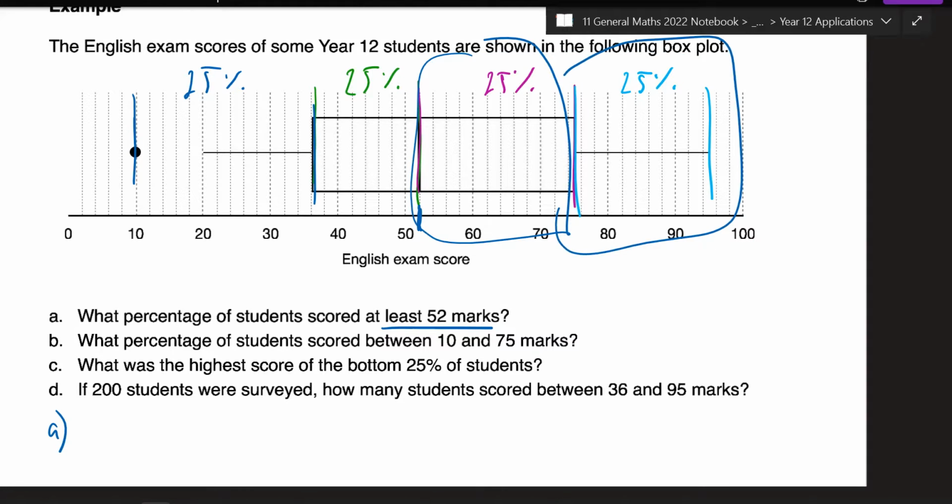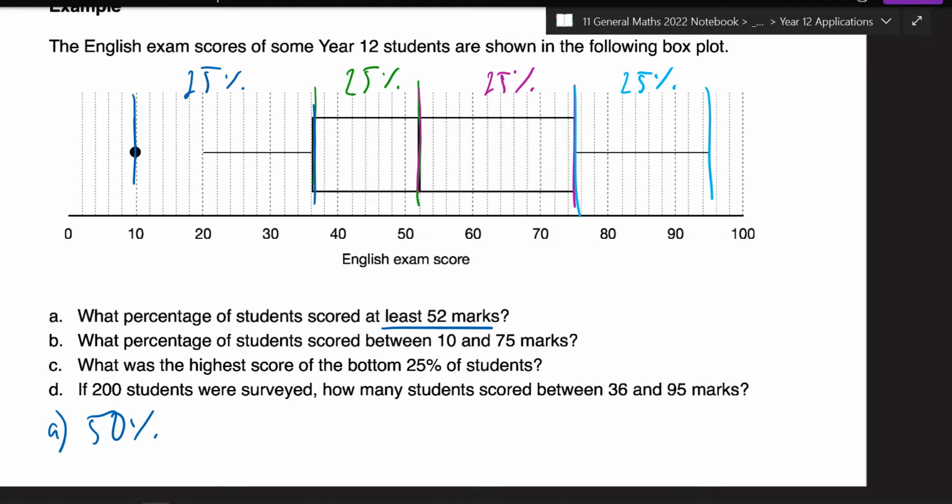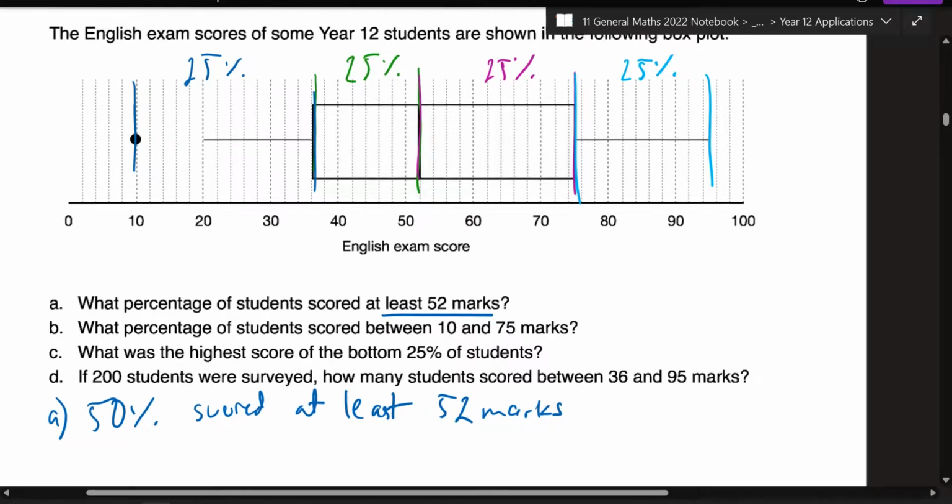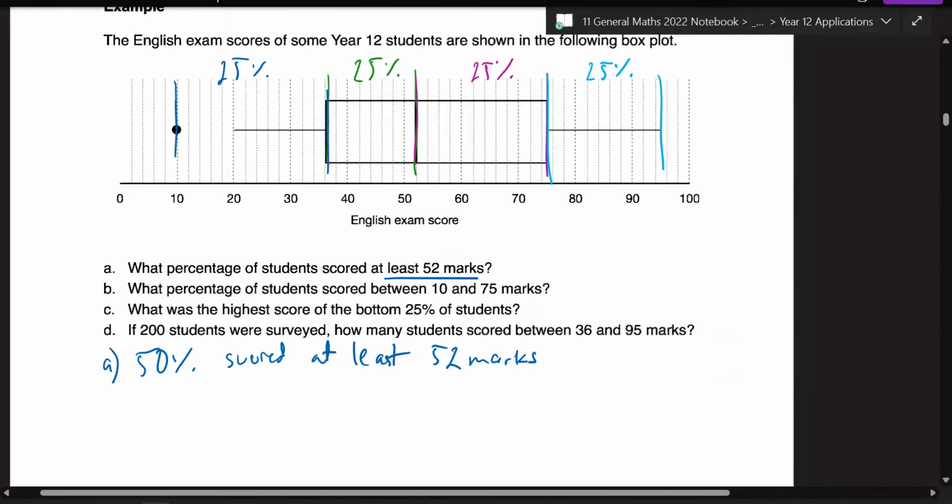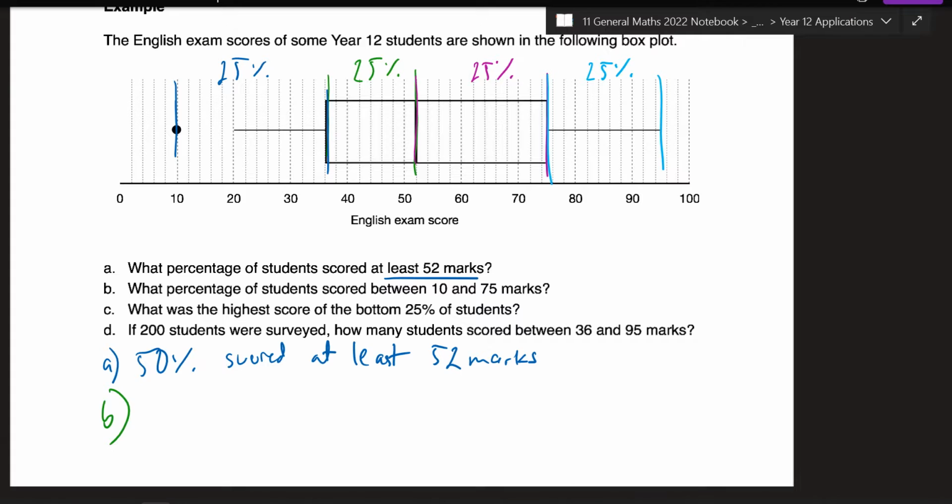They all scored at least 52. So 50% scored at least 52 marks. So half of the class, or half of the Year 12 students, scored at least 52.